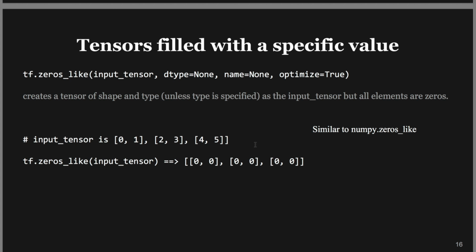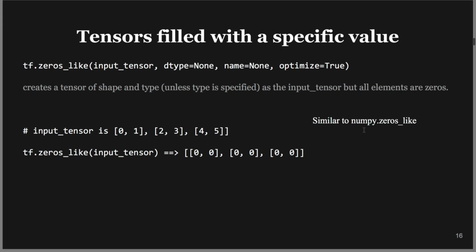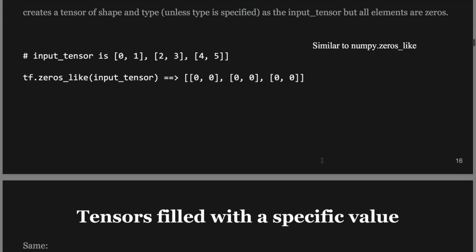You will see as we go into some of the models why this is important. And even though, given an input tensor, you can always get its shape and use that, we'll get into reasons why this is preferable. Again, there is a direct map from numpy.zeros_like out here.